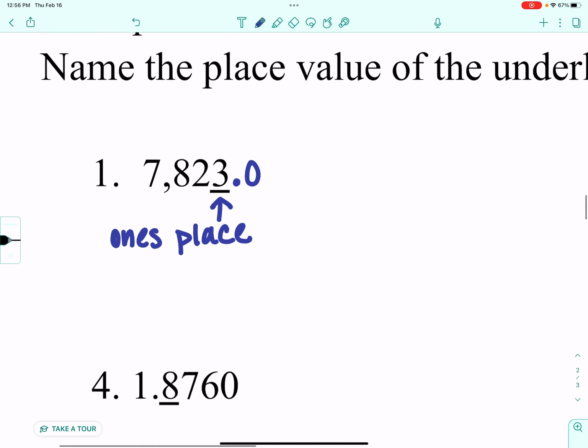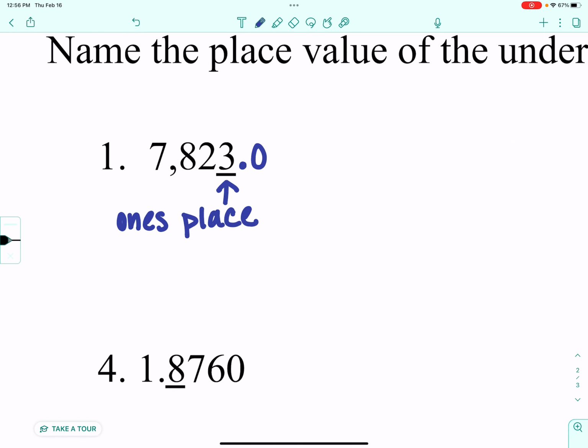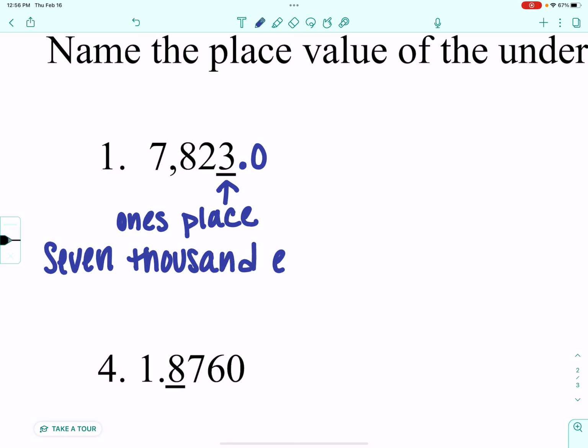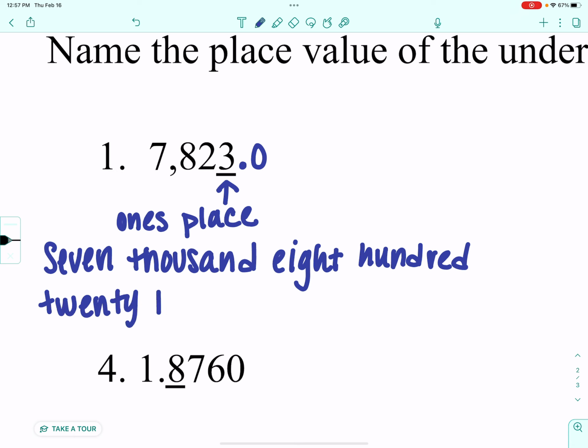So if I'm going to write this out in words, I have 7,823. Notice I don't have an and in there.